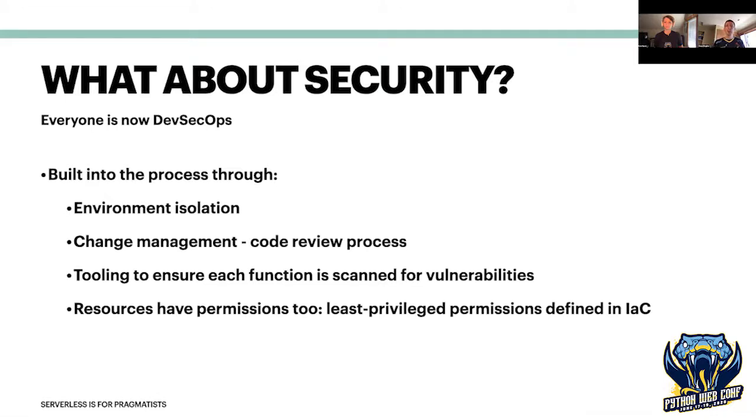But so often, if you look at examples online, they show permissions that look like S3:*, which means this function can now do anything within the S3 service in the AWS accounts, including deleting entire buckets or making contents public when they shouldn't be.